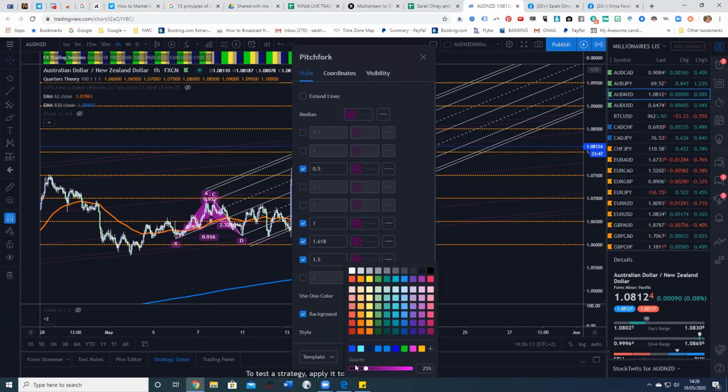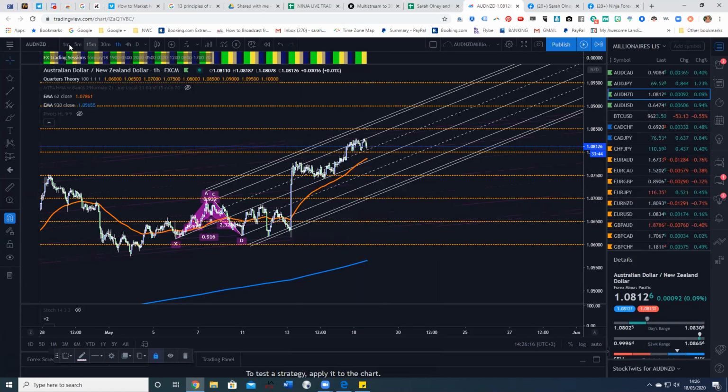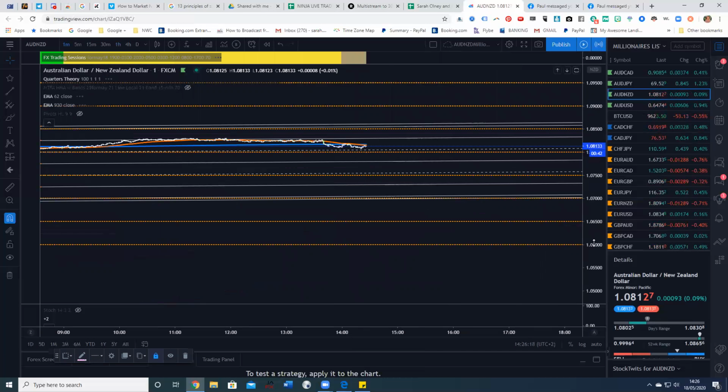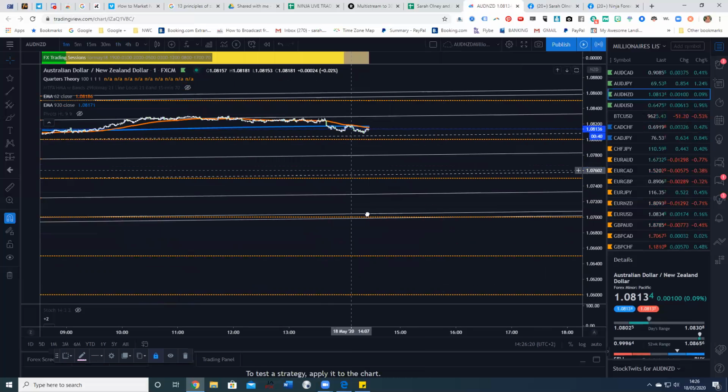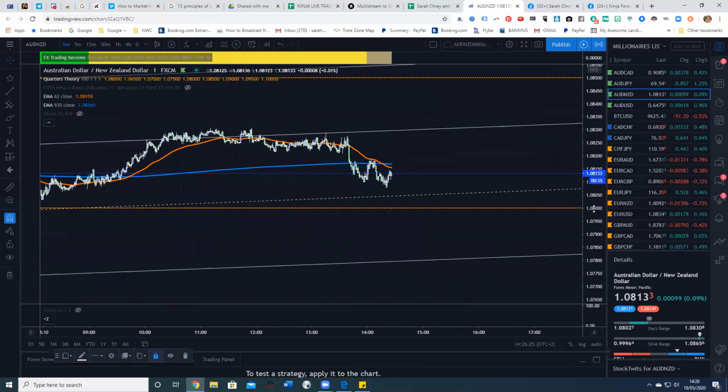So I just like to keep it so I can vaguely see it in the background. So we'll be using the white pitchfork for this one. AN moves at a 7, but I have got a note here saying it's very wicky.